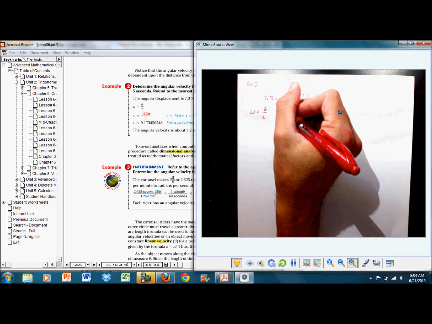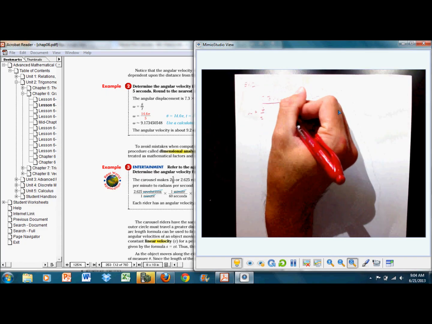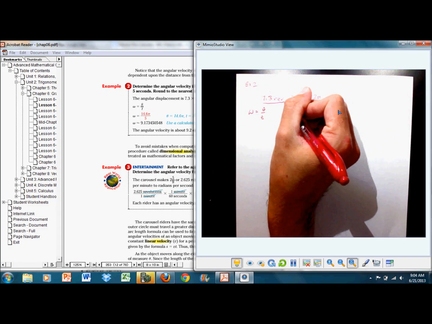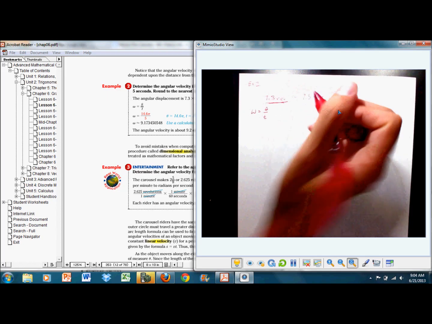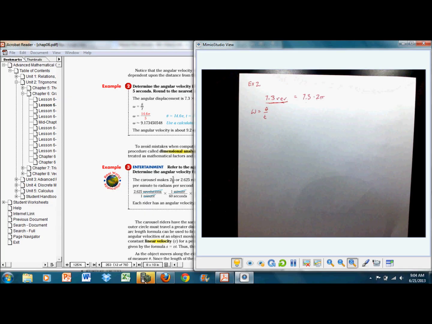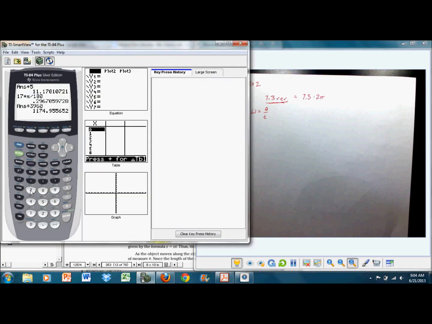So the angular displacement, we have 7.3 revolutions. How many radians is that? We multiply 7.3 times 2 pi, and you get 45.867.